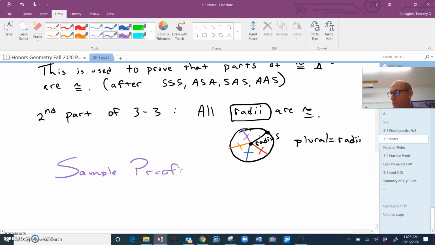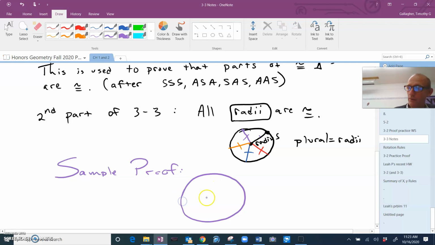The sample proof would look something like this. I'm going to draw a circle, and in that circle I'm going to draw a bow tie. I'm going to put a P right in the middle, a point C here, a point D here, a point B here, and a point A here.